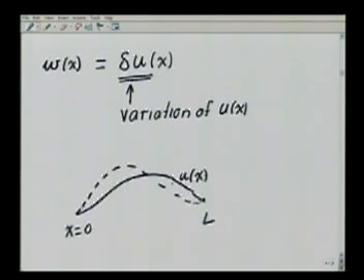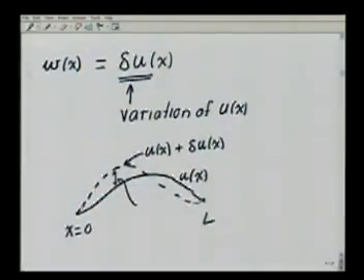Now we have to define what we mean by close. This function we are going to call as u(x) plus delta u(x), such that the difference between the two functions is the function delta u(x).